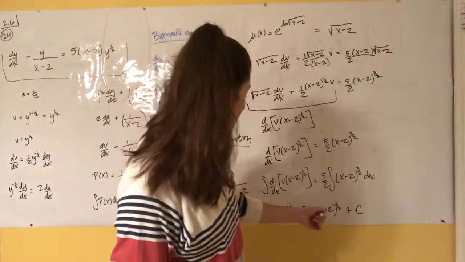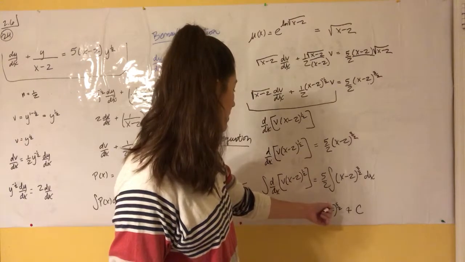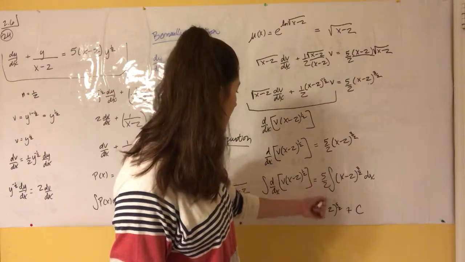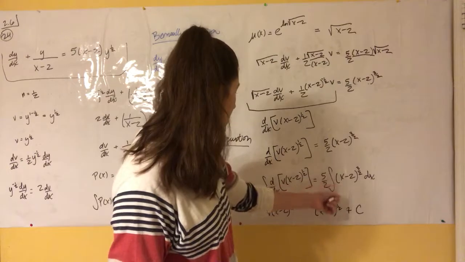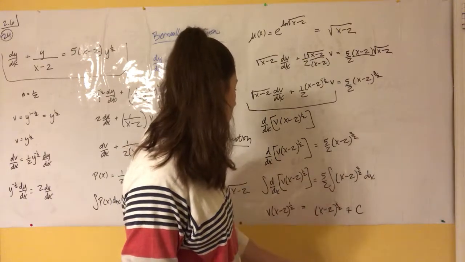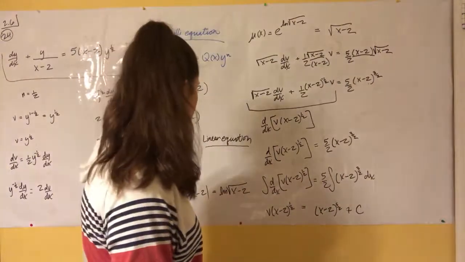The integral was x minus 2 to the 5/2, because if you take the derivative, go backwards, that's going to be 5/2 times x minus 2 to the 3/2 power.